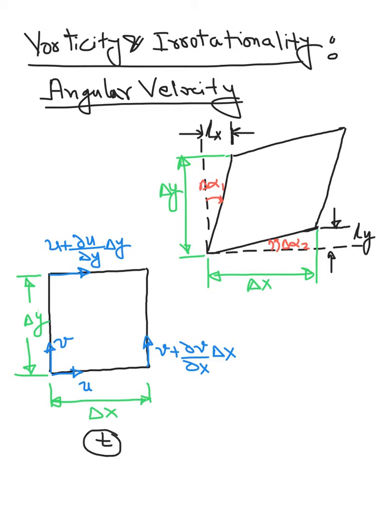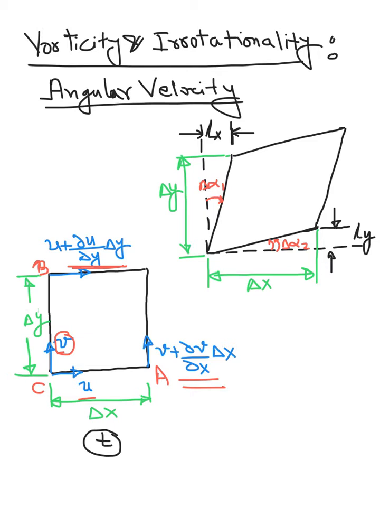That is my rectangular element, and these are my velocities in the x and y direction, u velocity and v velocity at point, for example, call it C, this point A, and this point B. The change in the v velocity with respect to the x direction is indicated by this change, and similarly the u component in the y direction is indicated by this expression.